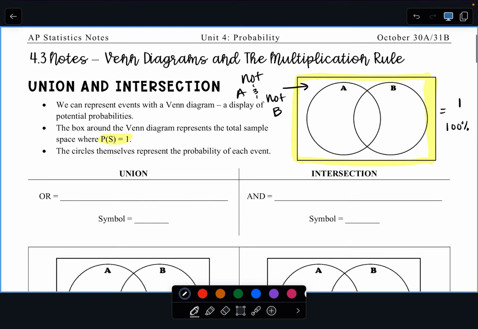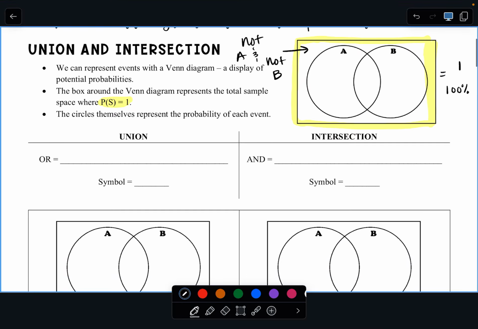Now, in the case of what we actually do with the two circles, we've already talked about ands and ors. The ors are unions, the ands are intersections. So an or statement is at least one event occurs.